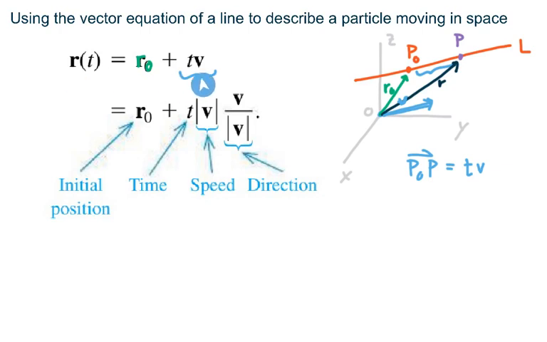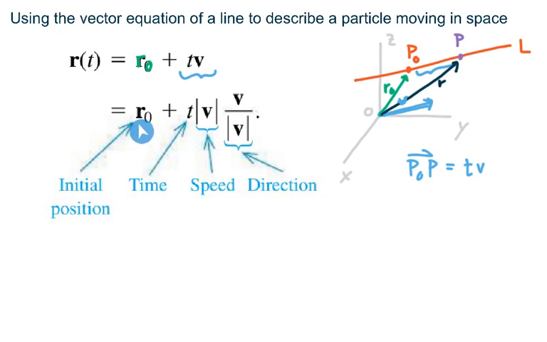This original vector equation for a line in space, we can actually think about as a particle starting at this initial position and moving in the direction of vector v to its terminal position P.